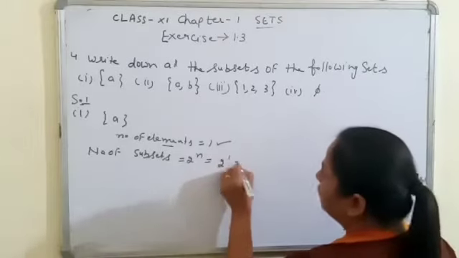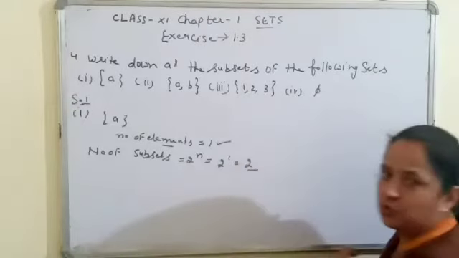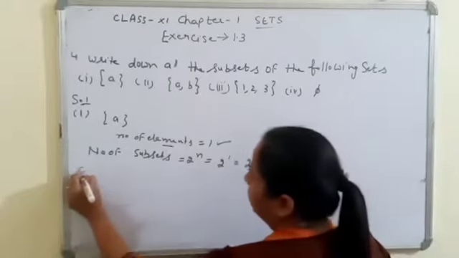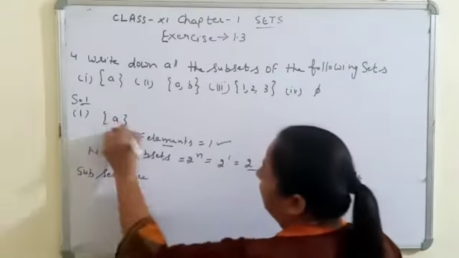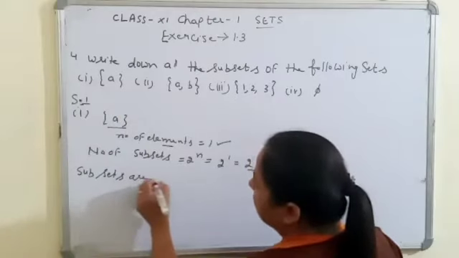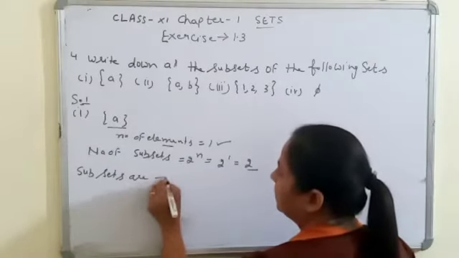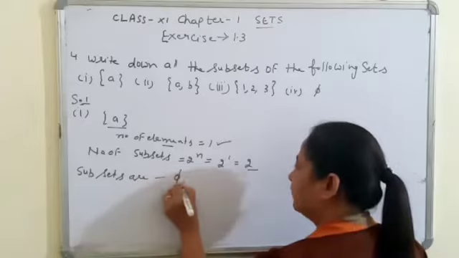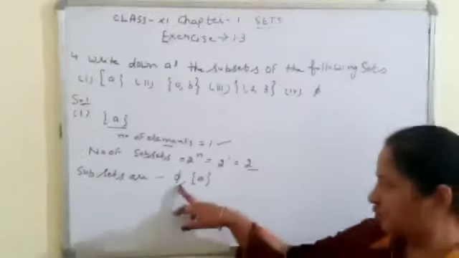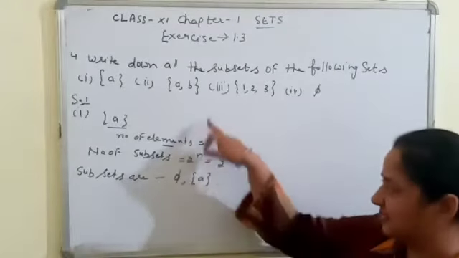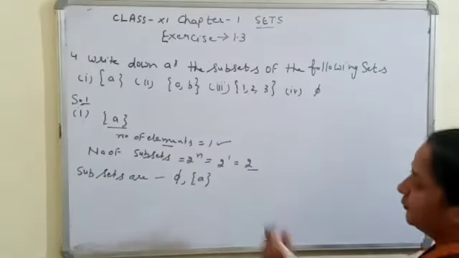This is only 1, so the number of subsets is 2. With only one element, it is a singleton set, so the subsets are phi and the set itself. Phi is a subset of every set and every set is a subset of itself.